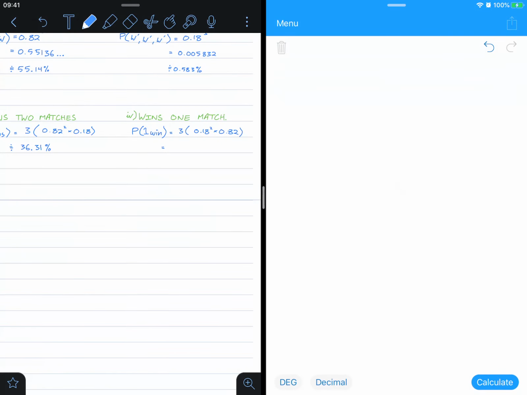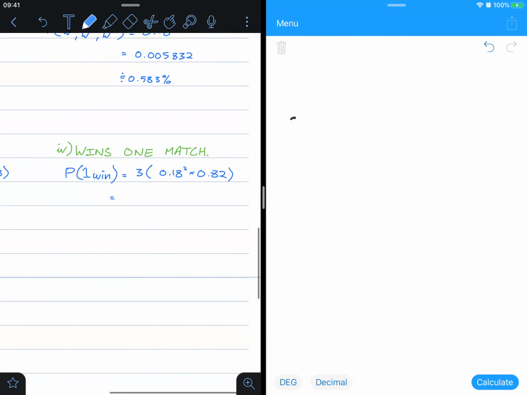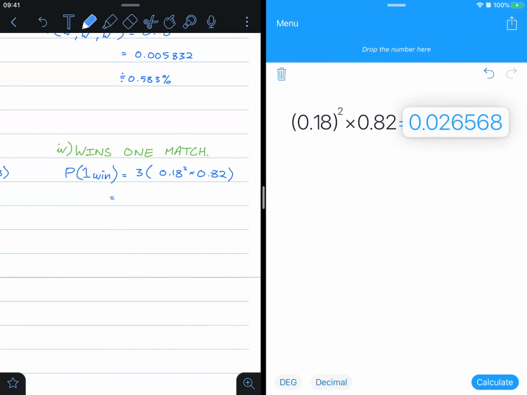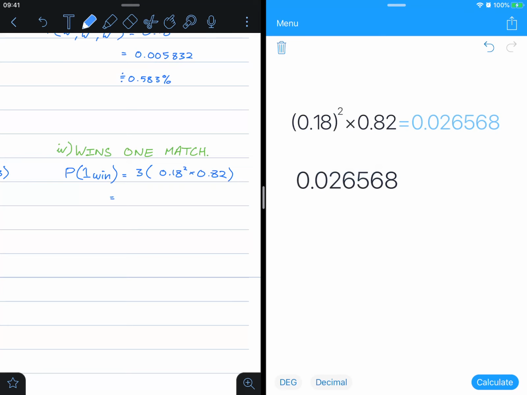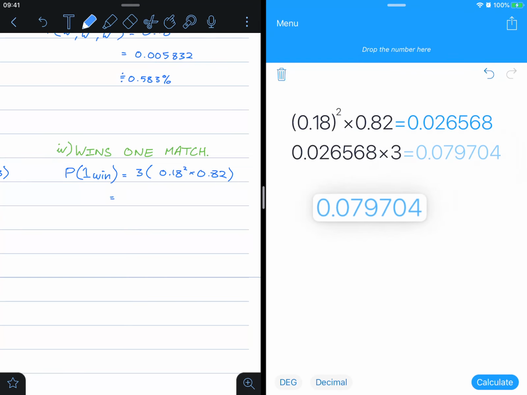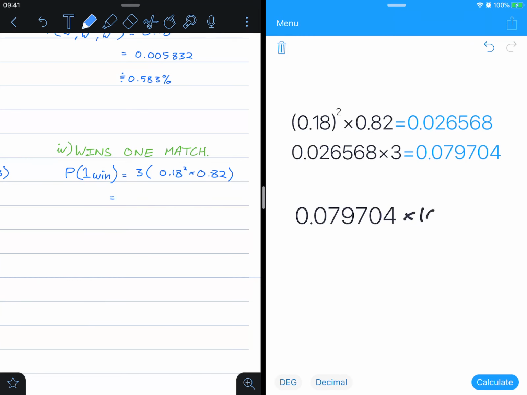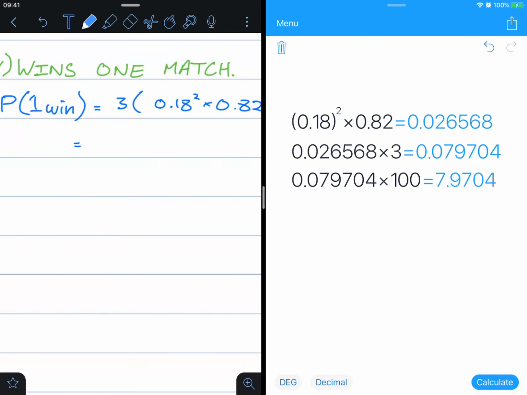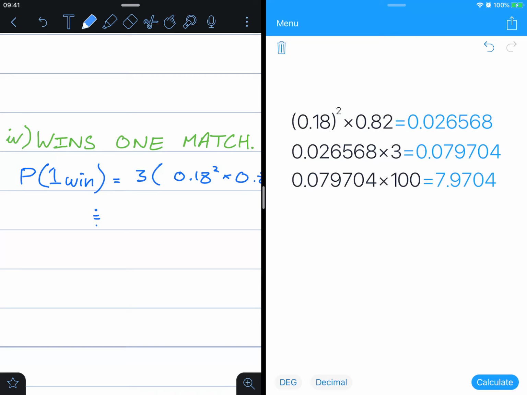Let's follow the same process. Let's go straight to a percentage. 0.18 squared times 0.82. We want 3 lots of these, and multiplying by 100 to get to a percentage. This is approximately 7.97% chance of occurring.